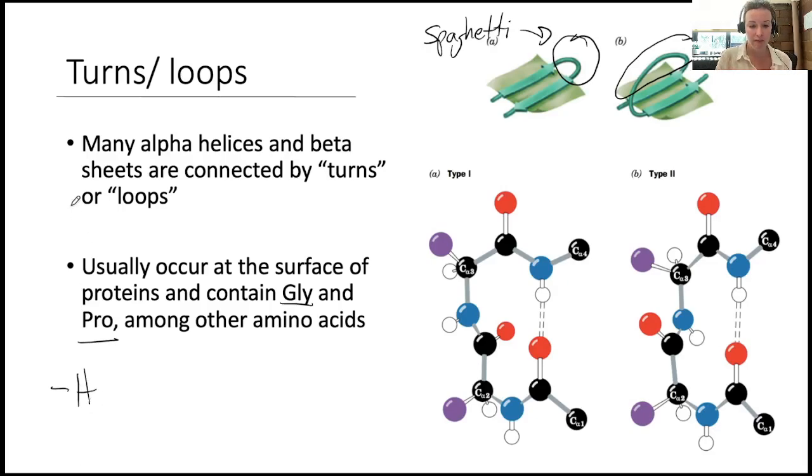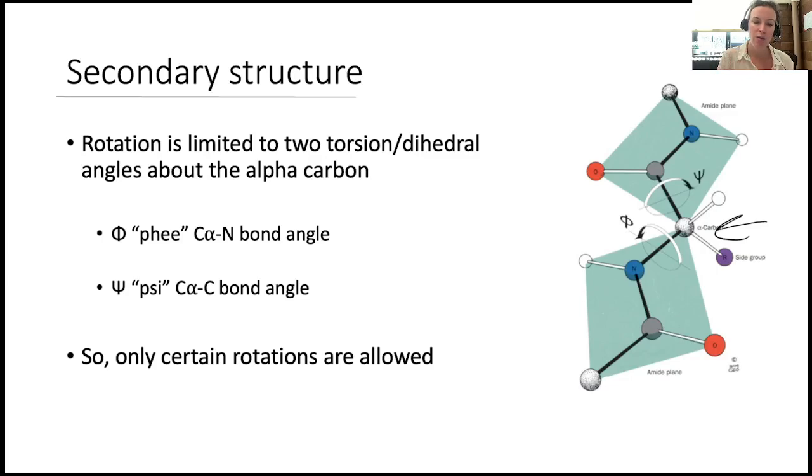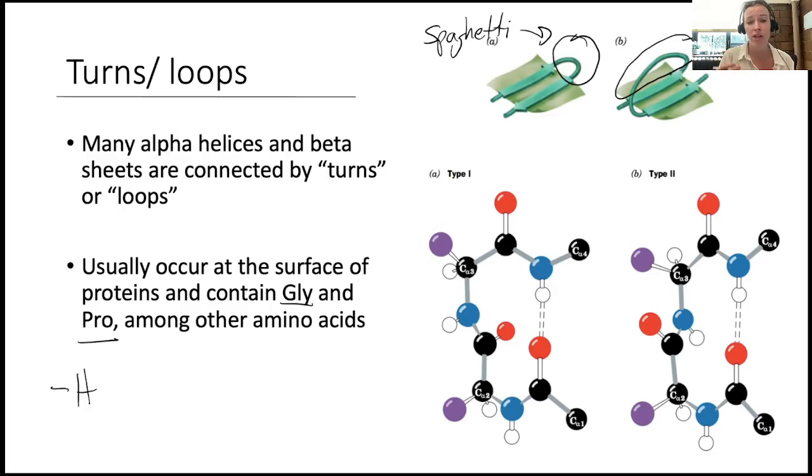When we're thinking, folks, about a turn or a loop, keep in your mind that this turn or loop is physically bending, right? If we're thinking back to how we can have rotation around the alpha carbon, probably the smaller the R group is, the easier the rotation is going to be. And so that rotation should help the turn and the loop.